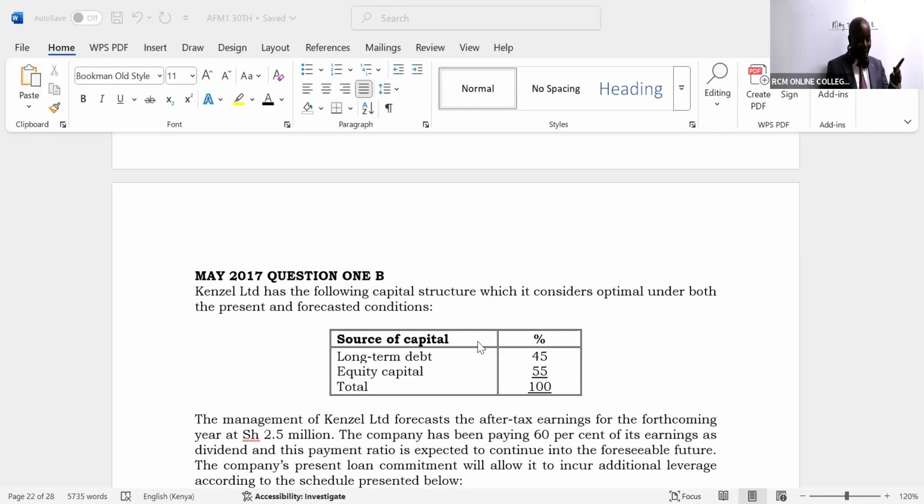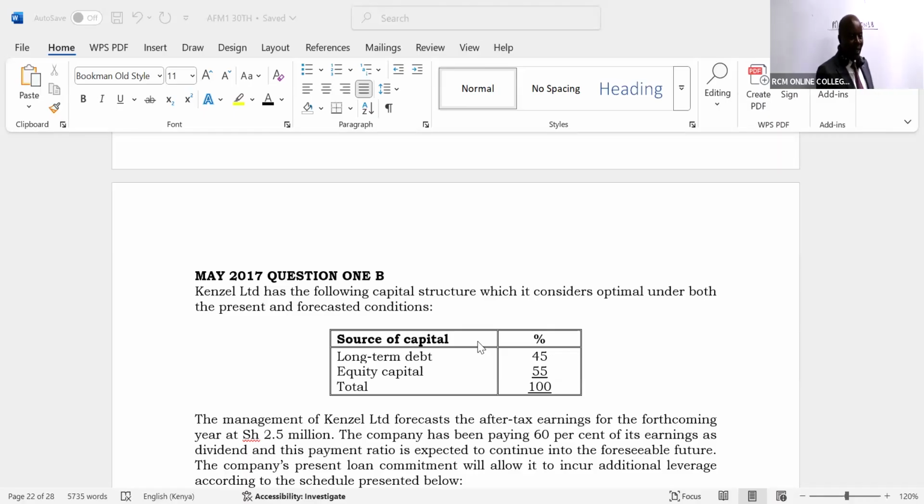Remember, you are a finance manager. Now you reason like a very strong finance manager of a very big company like EABL. So those percentages stand for the weights.